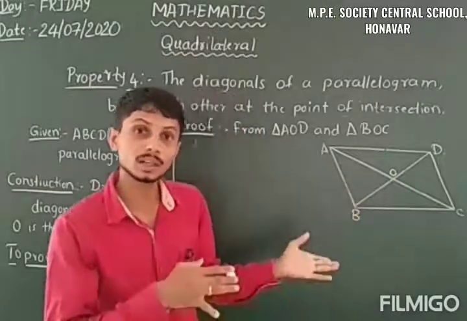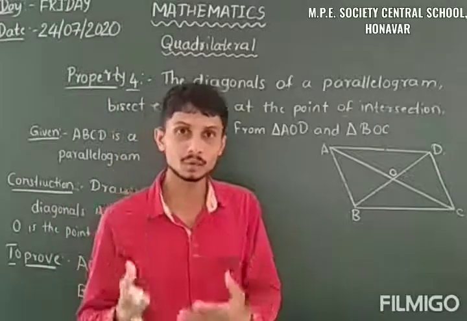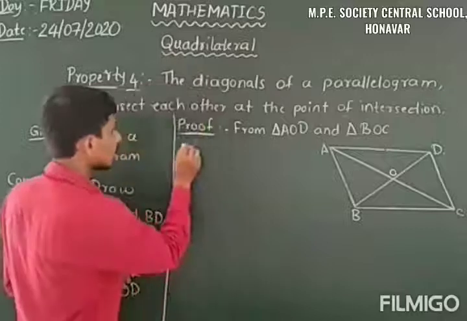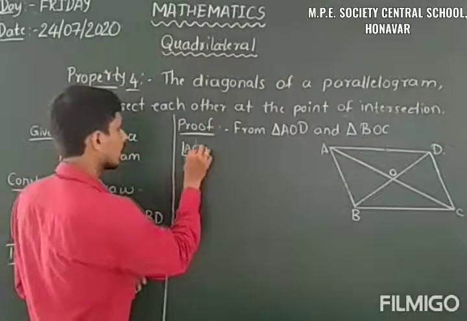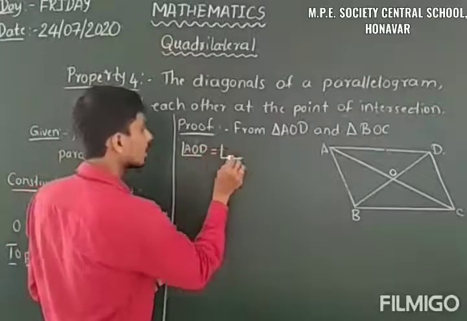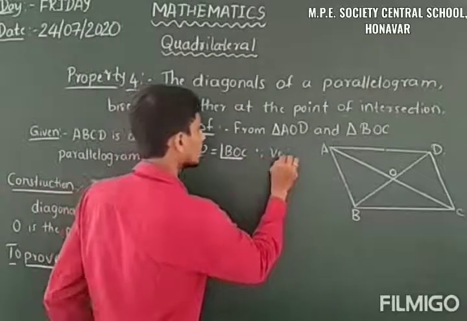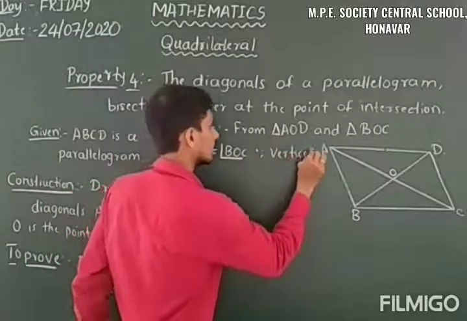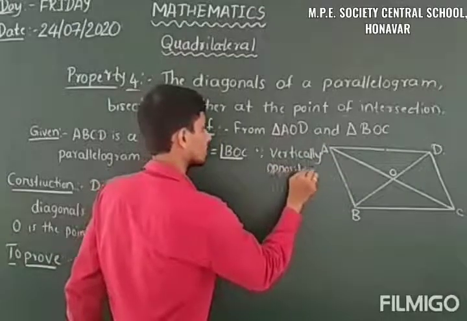If angles are vertically opposite, both the angles are one and the same. So here angle AOD is equal to angle BOC, because they are vertically opposite angles.